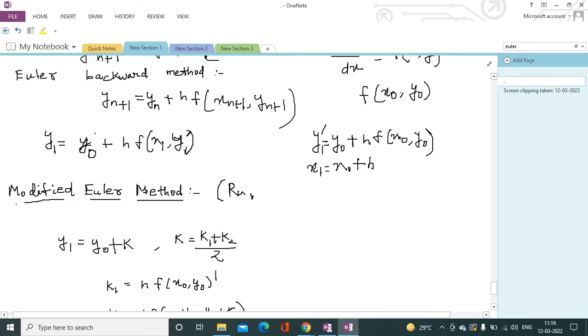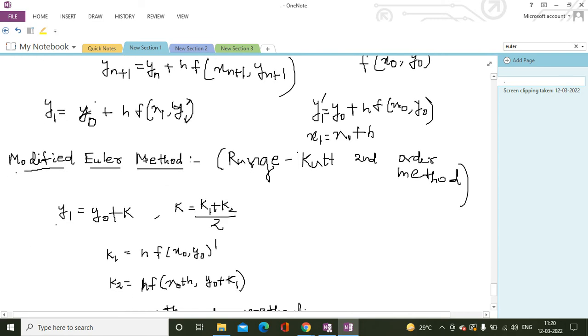So for this method, what will we evaluate? y1, that is our first iteration, as y0 plus k, and k is (k1 plus k2) by 2. k1 is h into f of x0 comma y0.